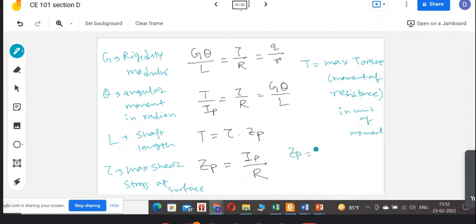ZP is the polar modulus, and IP is the polar moment of inertia.